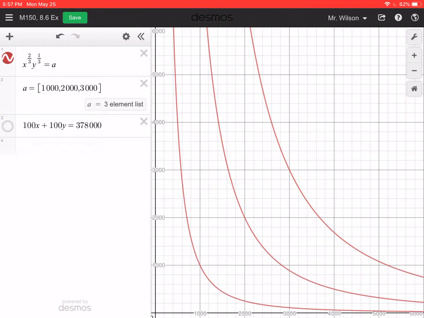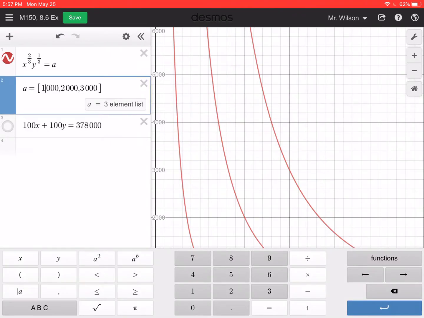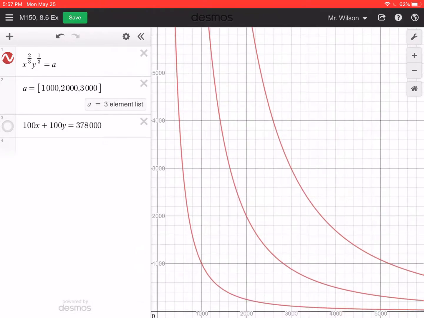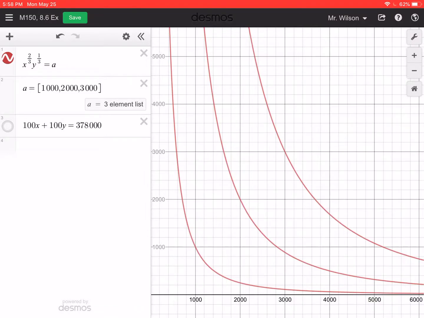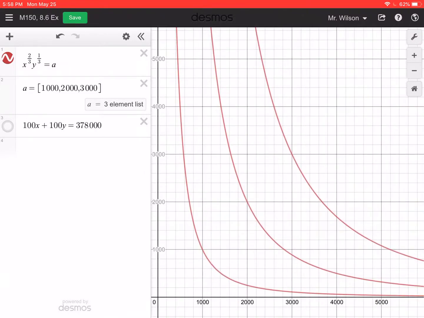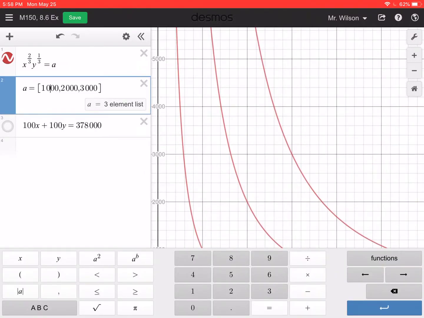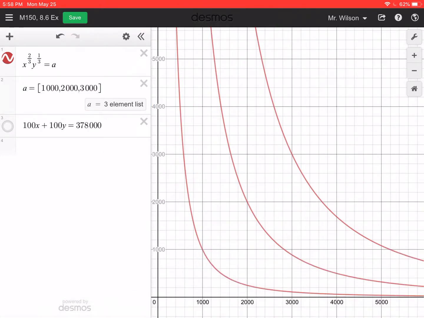So if you're on this contour of 1,000, that's the first one here. If you're on that contour, that means that you are currently producing 1,000 units of whatever your product is. If you are on the 2,000 contour, the second one, then you're going to be producing 2,000 units, and so on, and the 3,000, if you keep going.